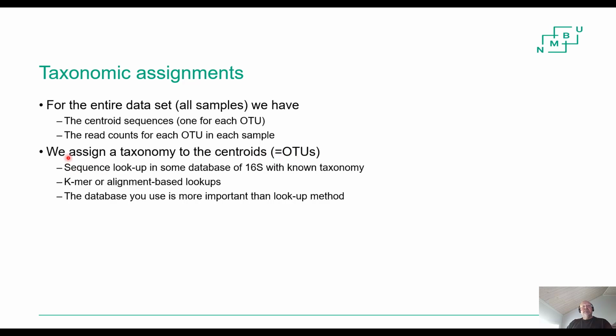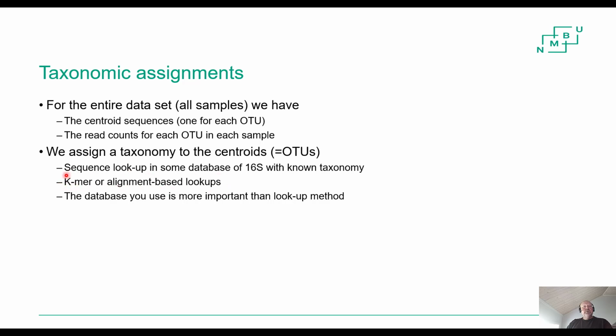This is not something we have to do, but it's often done. And how is it done? Well, we take the centroid sequences, look up in some database of known sequences, in this case 16S, with some known taxonomy, and see if they are similar.